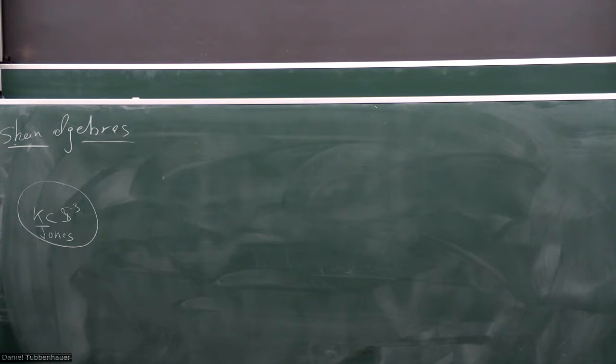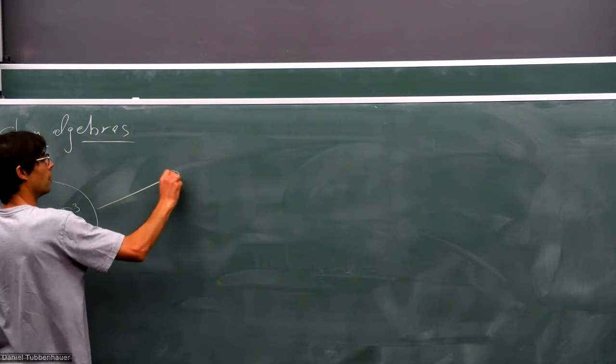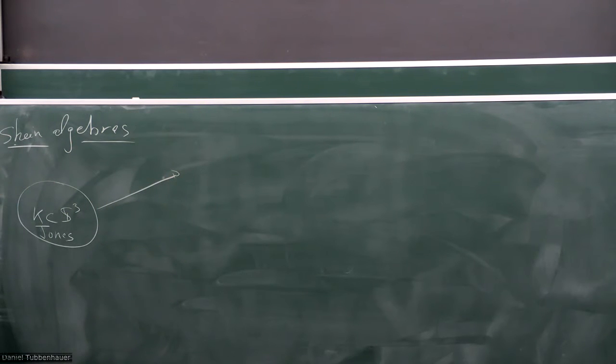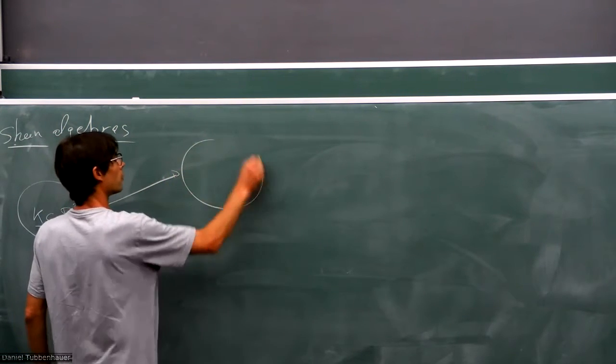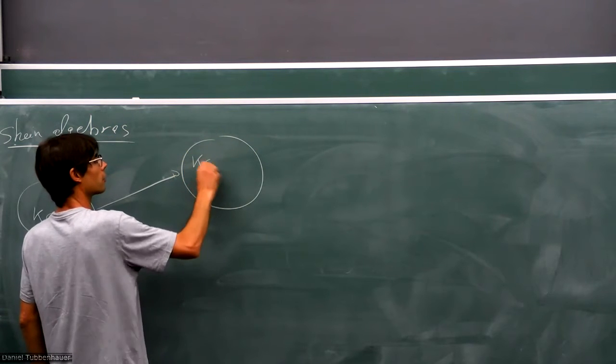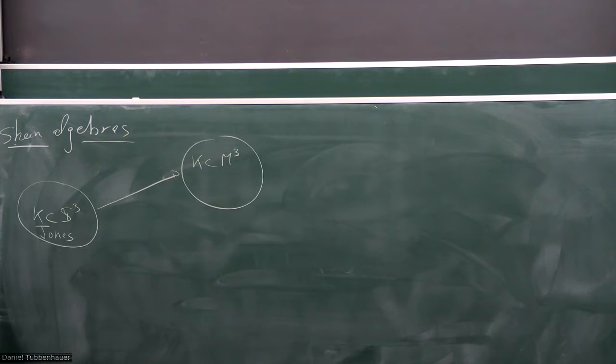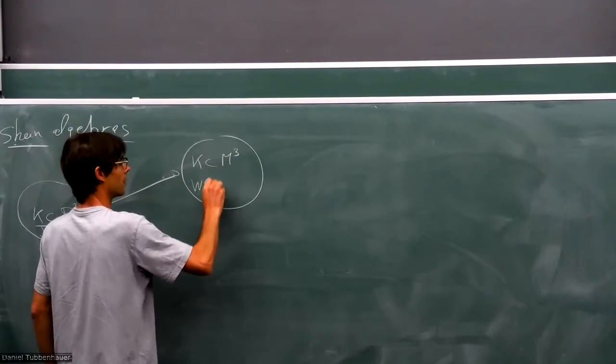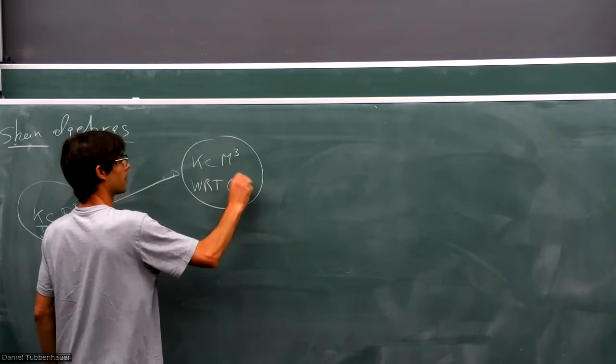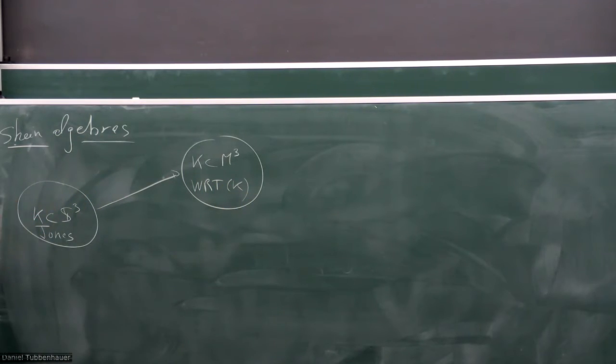And so one way to go there is to use, so now I want to go to a setting where we have K now in some three-manifold. And Witten, Reshetikhin and Turaev define some three-manifold invariant that's based on the Jones polynomial by this averaging process.